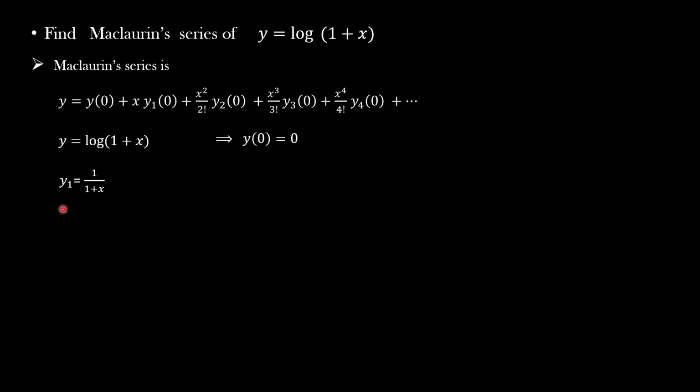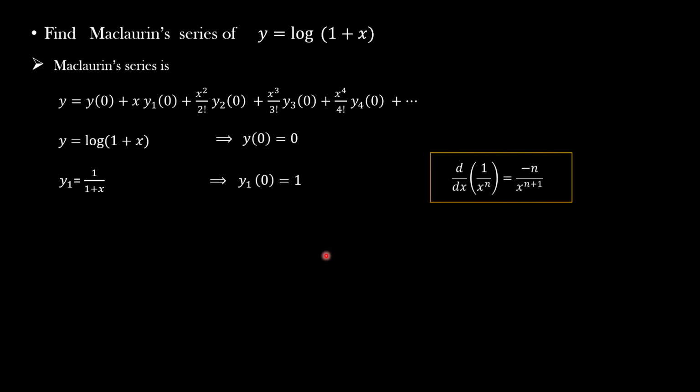Therefore, y1 is equal to 1 divided by 1 plus x, which implies y1 of 0 is equal to 1. To get higher order derivative, just remember the formula d by dx of 1 by x power n is minus n divided by x to the power n plus 1. Therefore, y2 is equal to minus 1 divided by 1 plus x whole square, which implies y2 of 0 is equal to minus 1.